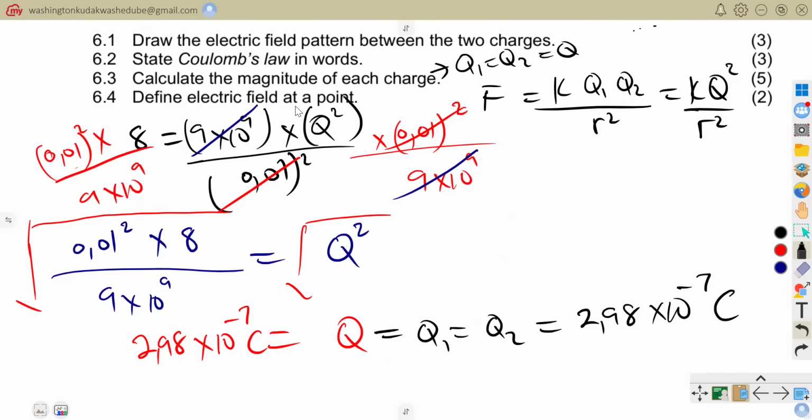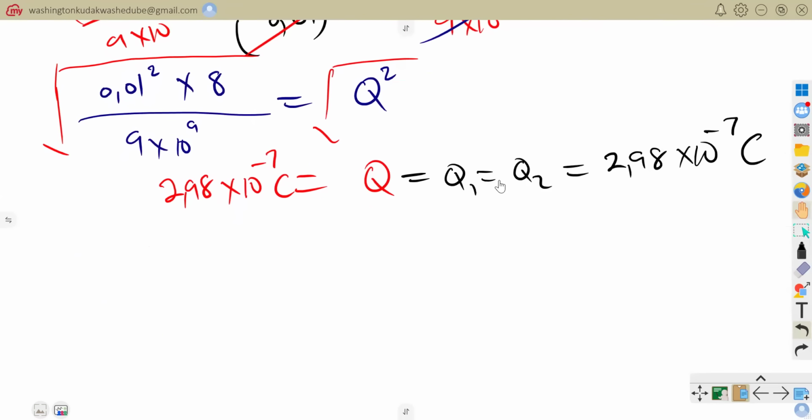Now define electric field at a point. I would come and say electric field at a point. Electric field at a point E is force per unit what? Point charge.